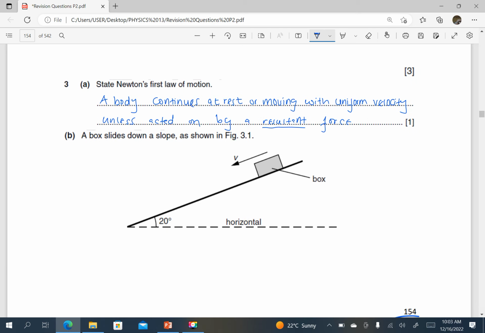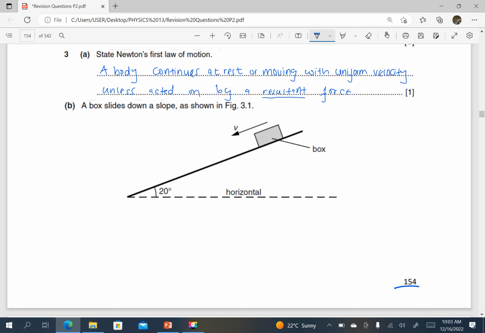The box slides down a slope as shown in the figure. Of course, before we go to the questions at this point, as a physics student or even a math student who is doing mechanics, you could straight away come up with the forces acting on this box. First of all, its weight acts vertically downwards. This is its weight, which is going to be m times g.